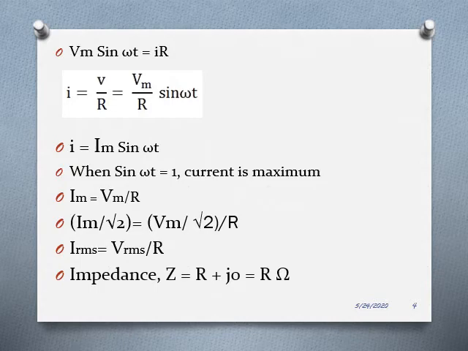Therefore, the impedance of the network Z will be equal to R plus j0. The j term will be the reactance term. Here there is no reactance, only resistance, therefore Z will be equal to R ohm.